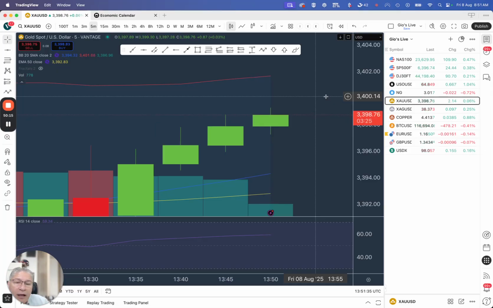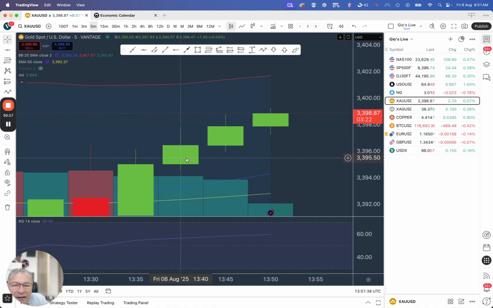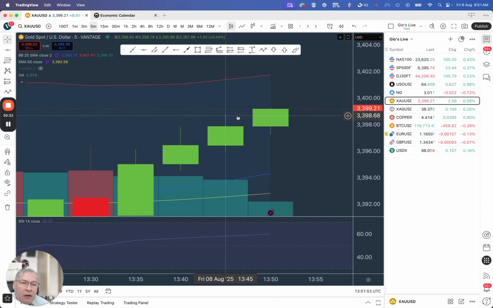Let's say you entered this trade at the second candle, at 33.96, for example, and you're making money, but you want to make 2 times as much, and you entered with a 0.10 lot. Well, you could sell 0.05 lots, half of that, cash that in, or you could add if you're aggressive, and 3,400 is going to be met.